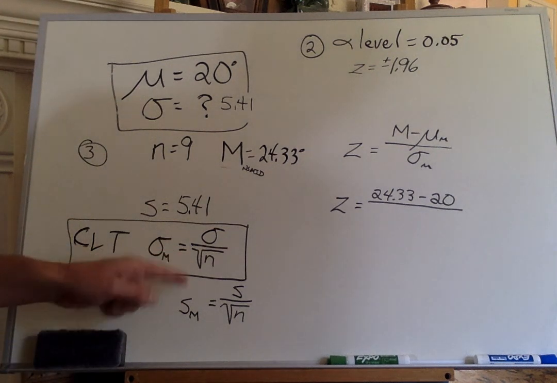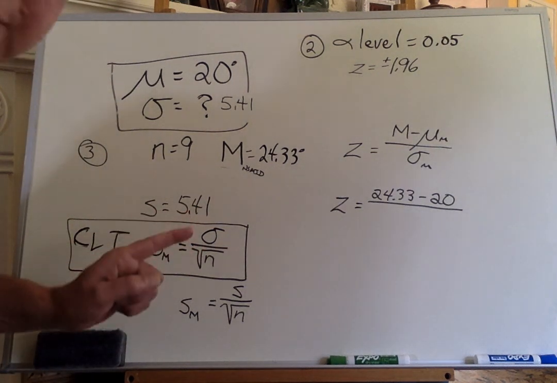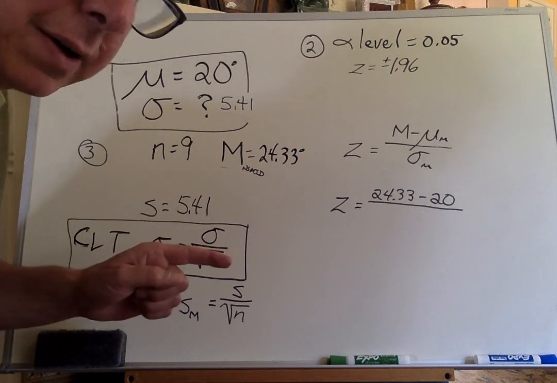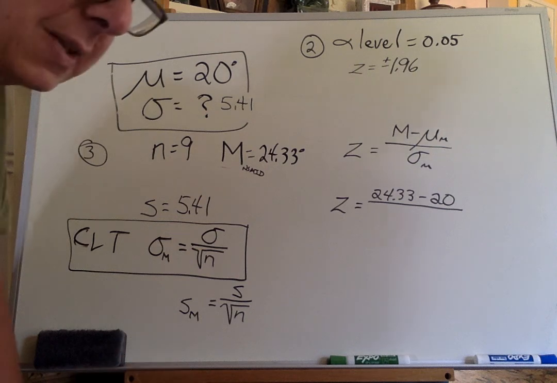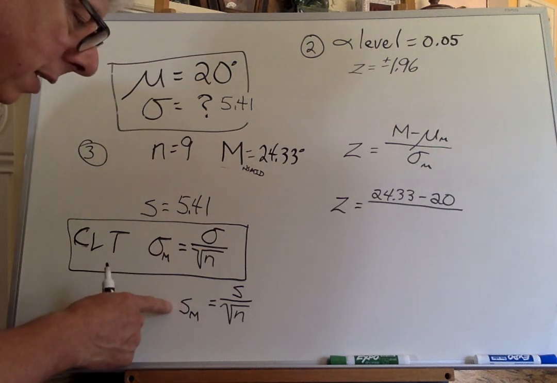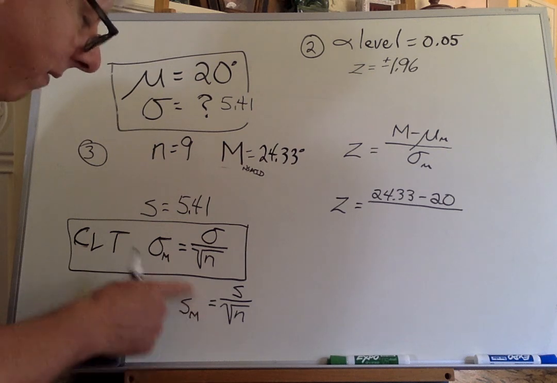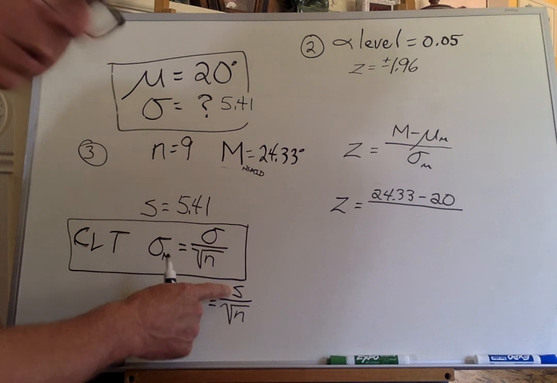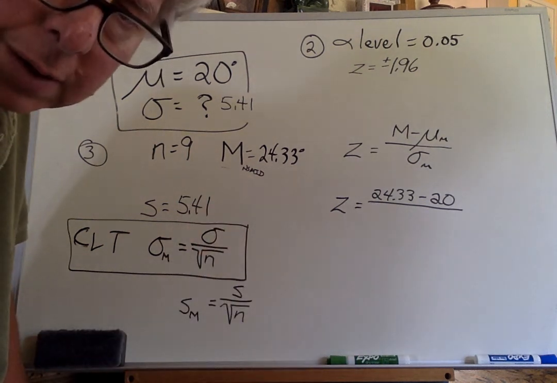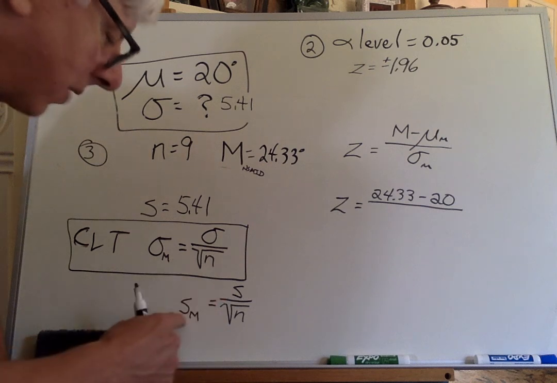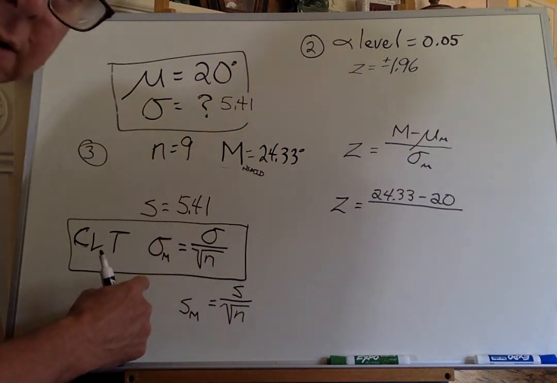Same formula, different symbols. People sometimes get freaked out by that because it's like, how can it be the same formula if it's different symbols? This is just telling me that I'm deriving this from an estimated sigma, not from the actual sigma. That's all this is telling me, that it's derived from a guess for sigma, not the actual sigma.